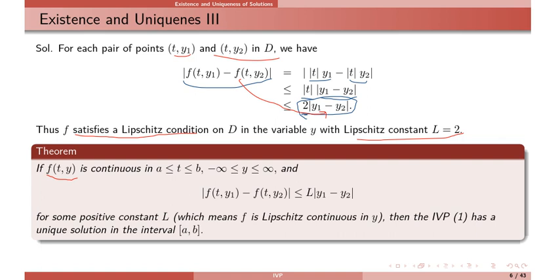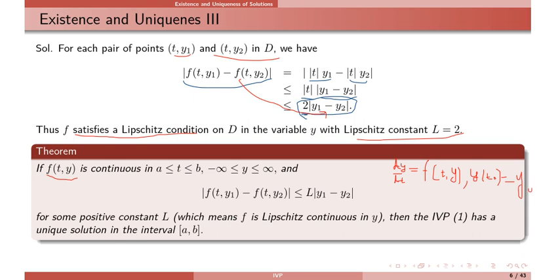You have an IVP, that is, given dy by dt equal to f(t,y), with one condition, y at t naught is y naught. You know the solution at t naught.